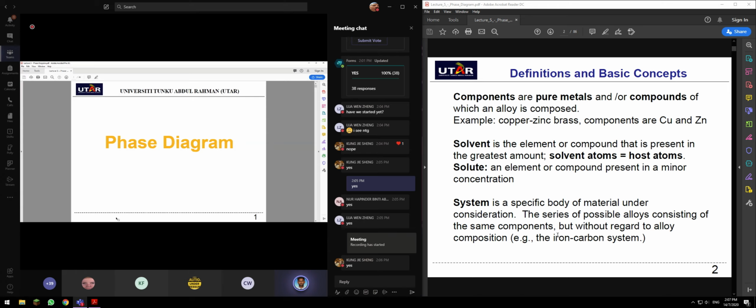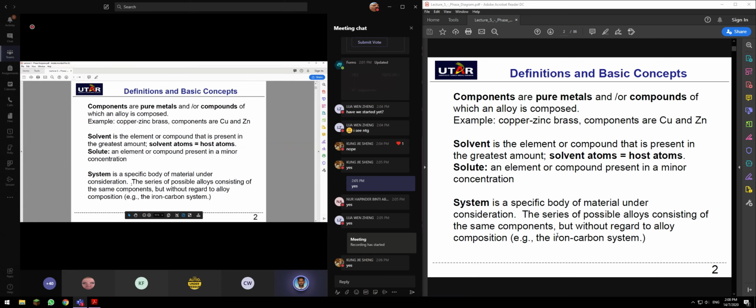Within these 100 points of existence, what is the influence of temperature? What is the influence of pressure on the microstructure? That is what a phase diagram is. It is a bit complicated, but don't worry, let's go through it one by one.